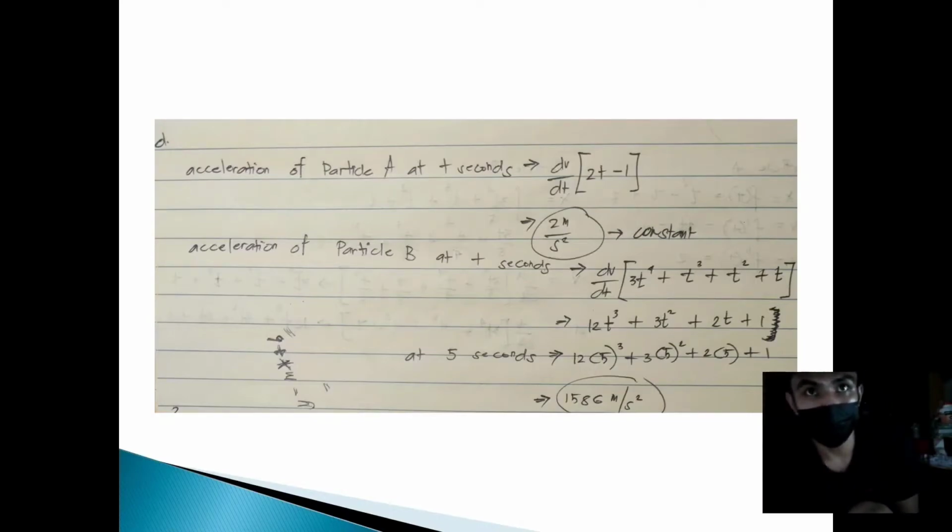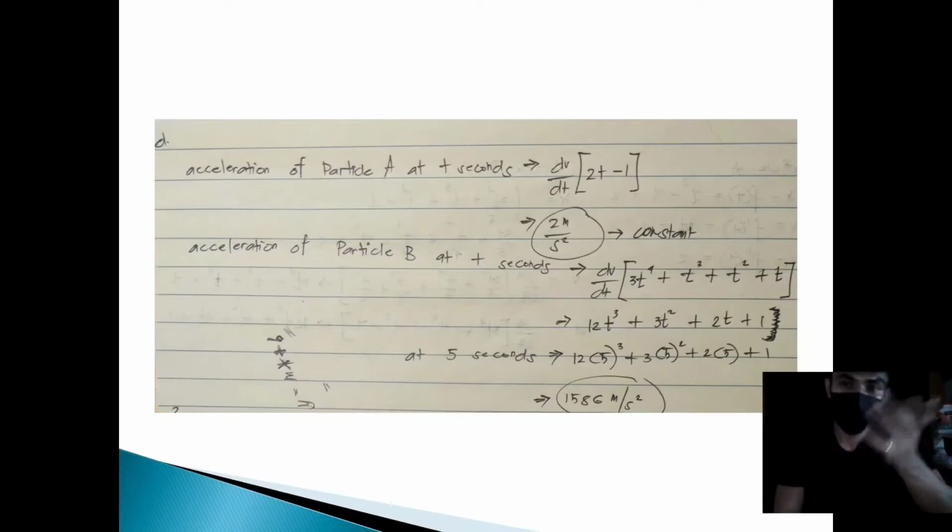To find the acceleration at 5 seconds, we substitute 5 to the second derivative of the displacement equation. So that's 12 times 5 cubed plus 3 times 5 squared plus 2 times 5 plus 1 is equal to 1586 meters per second squared, because we're talking about acceleration.